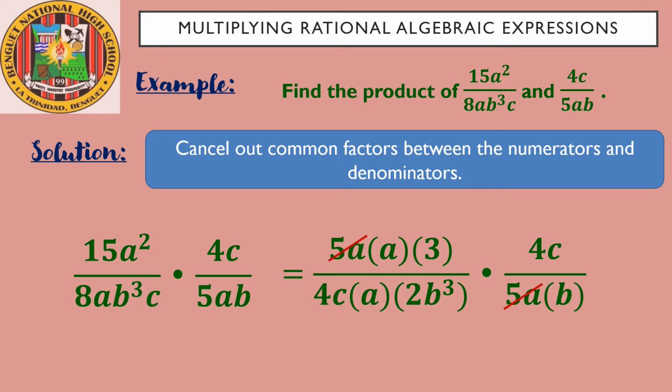Then, we cancel out the common factor between the denominator of the first RAE and the numerator of the second RAE, which is 4c. Finally, we check if there are common factors within the same expression, and we see that in the first expression, there is a common factor. So we cancel out a.